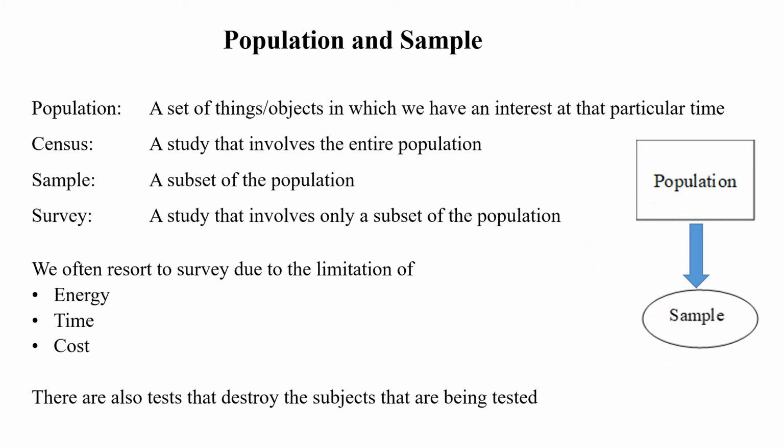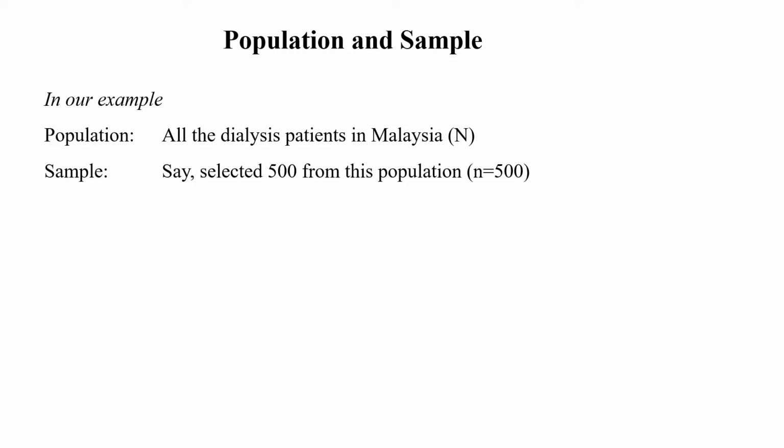How do you take a sample? All right, population and sample example. In our example, we talk about dialysis patients, and you want to study depression among dialysis patients. So here the population, let's say, is all the dialysis patients in Malaysia. Everybody on dialysis. Of course, you can't study everybody because of the ETC limitation.